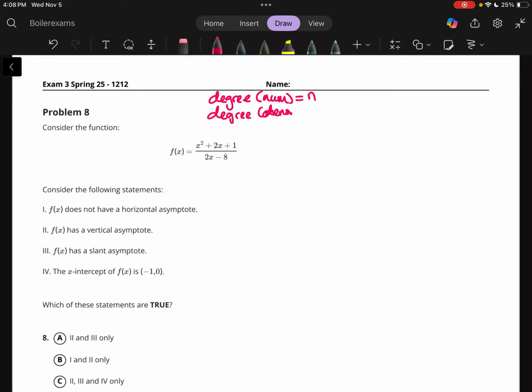Okay. So for a horizontal asymptote, if n is greater than m, there is no asymptote.